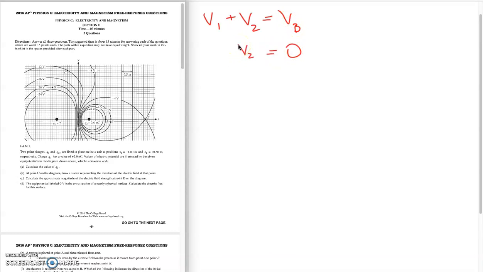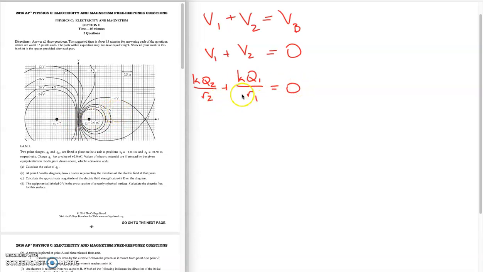So V2 plus V1. Well, from a point charge, voltage is going to be K Q1 over R1. And then we'll have the same thing from the other guy. And they add up to be the voltage at point B, which we've established based on the diagram is 0 volts.